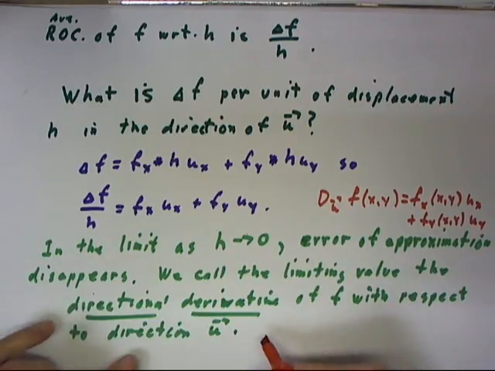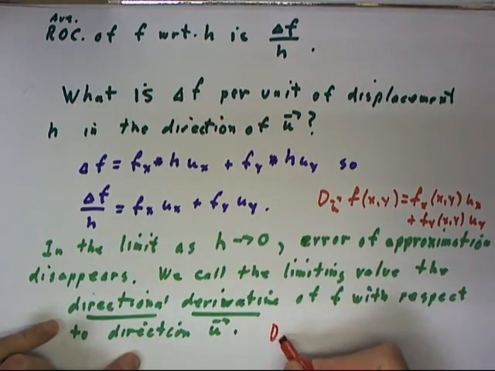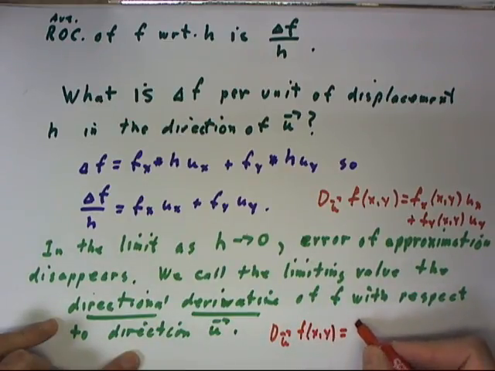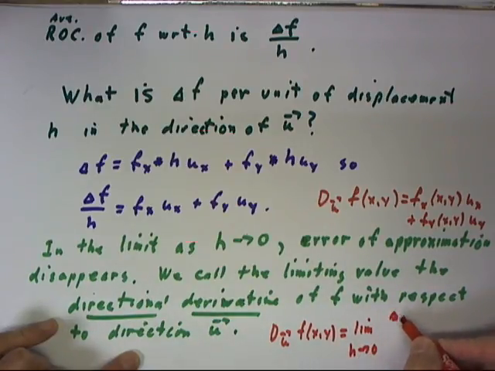Let's write that out. D sub u is what we're going to call the directional derivative of F of xy, is the limit as h approaches 0 of our delta F over h.